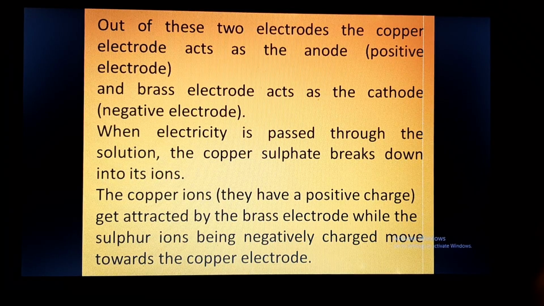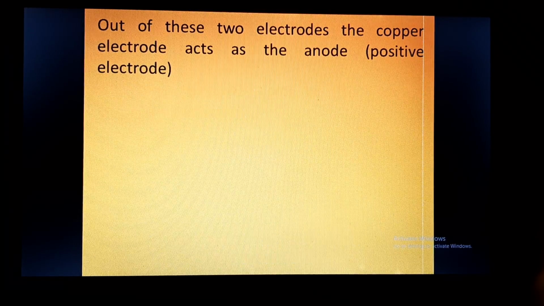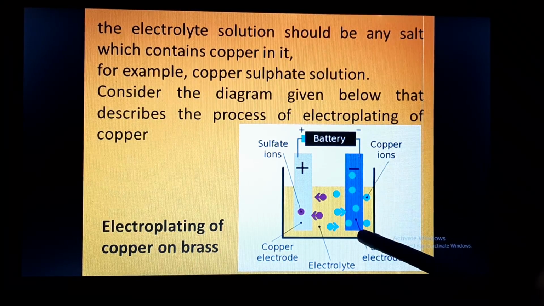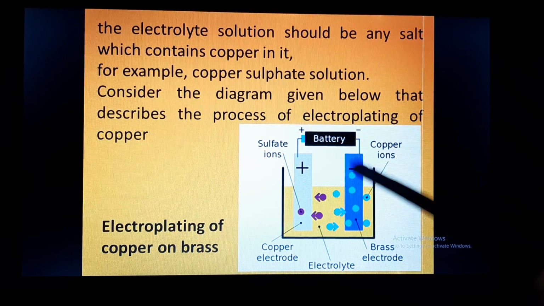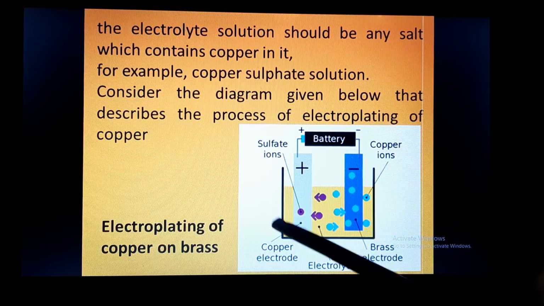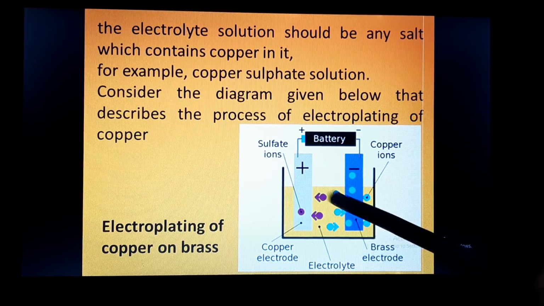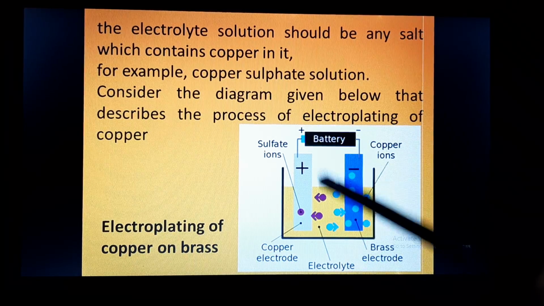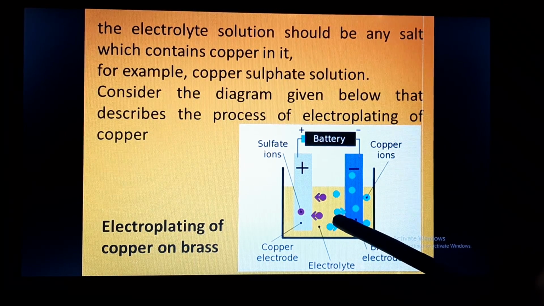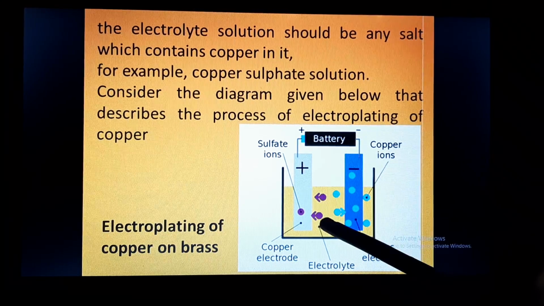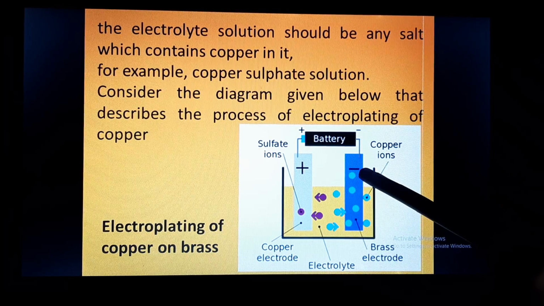Whereas sulfate ions which are negative will go to the copper electrode, which is connected to the positive terminal, hence it is positively charged. Here you can see again with this diagram, this is the copper electrode, this is the brass electrode connected to the battery. It is connected to the positive terminal, therefore this electrode is positive and this electrode is negative. Now if this solution has ions which are positively charged and negatively charged, the positively charged ions will go to the negative electrode because unlike charges attract each other.